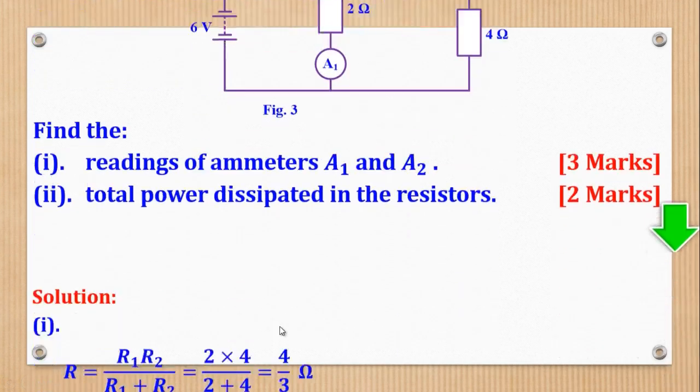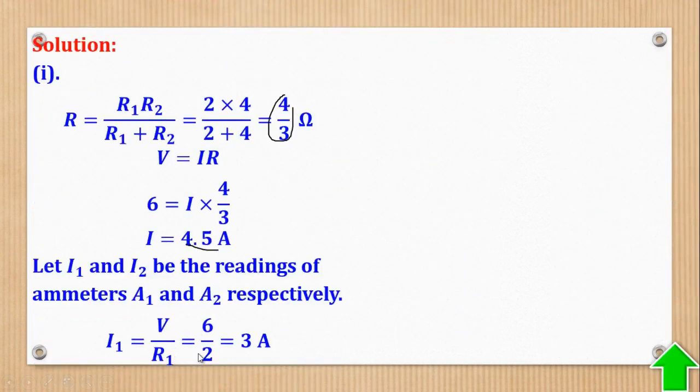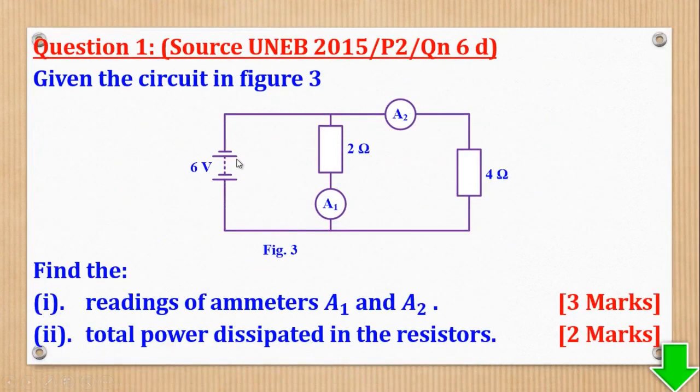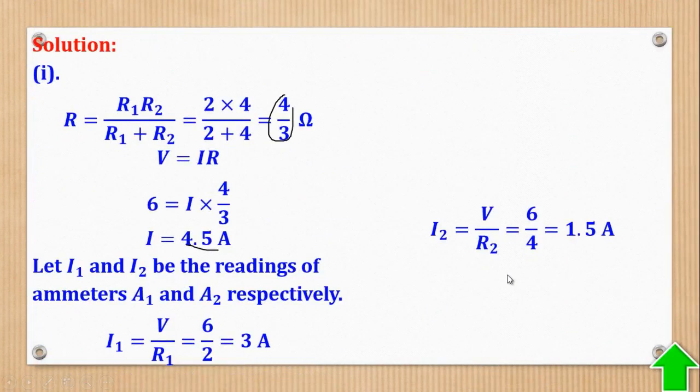That is why here I'm using the resistance as 2 ohm and the PD as 6 to give you 3 ampere. What about ammeter A2? For ammeter A2, the PD is 6 volt and the resistance is 4 ohm. Therefore, I'll say 6 over 4 to give you 1.5. So those are the readings of the ammeters A1 and A2.